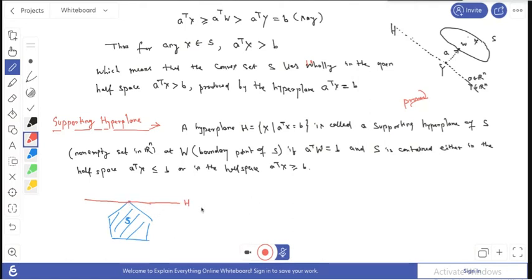If we take a non-empty, non-convex set, suppose this type of set, this is non-convex but non-empty. In this case, there is a supporting hyperplane which passes through and touches at a point. So this is the supporting hyperplane H.